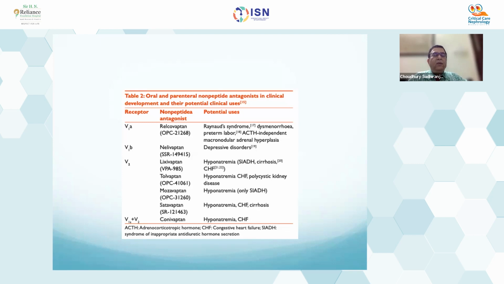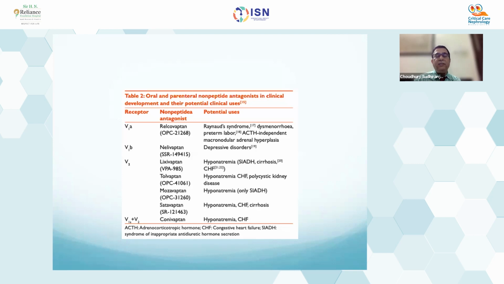Whereas, what are the other conditions where vaptans can be used as a therapeutic treatment? One of the few trials which have shown that their use is beneficial is in autosomal dominant polycystic kidney disease, where the V2 receptors are a major player of cystic enlargement.